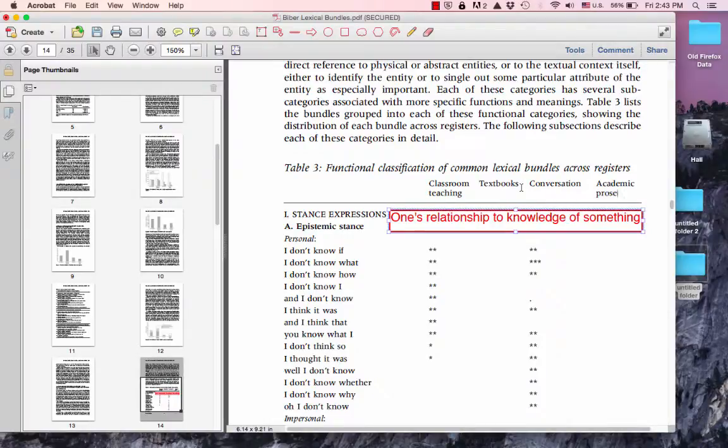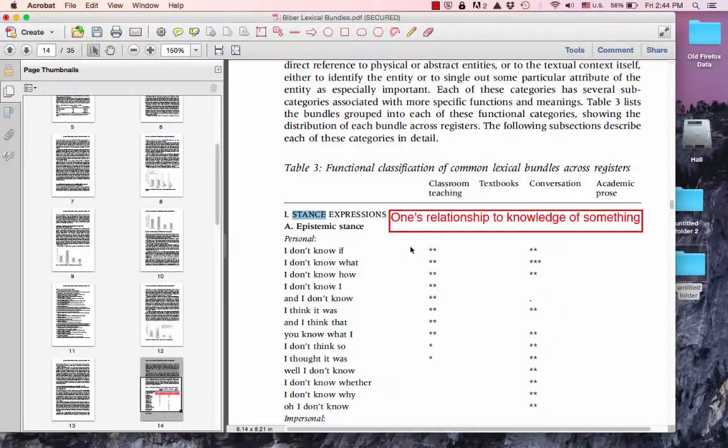Okay? And that is indicated by this word stance. So you can look at this word stance as the attitude or the purpose or the function that the author wishes to convey by using this phrase.